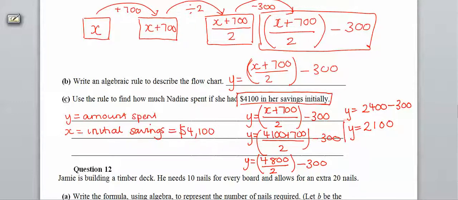So we know that Y equals 2,100 when X equals 4,100. So then our answer for this question, we'll write in words. Nadine has spent $2,100, and we'll put this in a box as well.